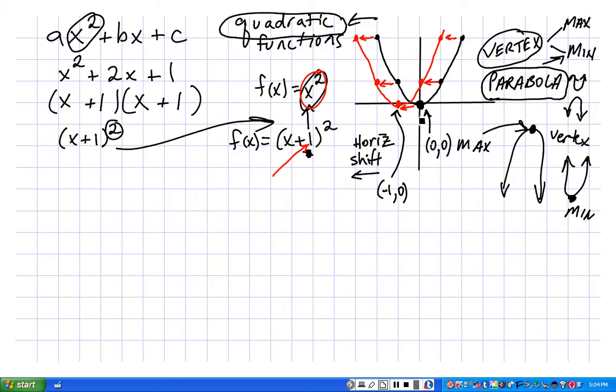But because we shifted over 1, now our vertex is at x is -1 and y is 0. So that brings us to what we're going to talk about for a second, which is putting a quadratic function into standard form for graphing a parabola.